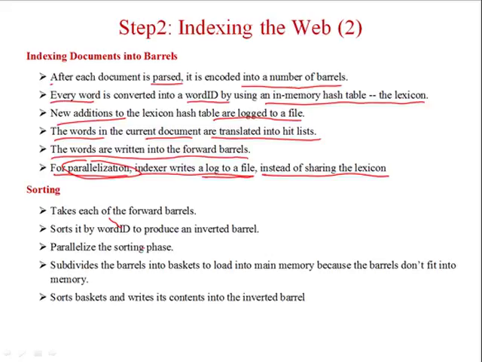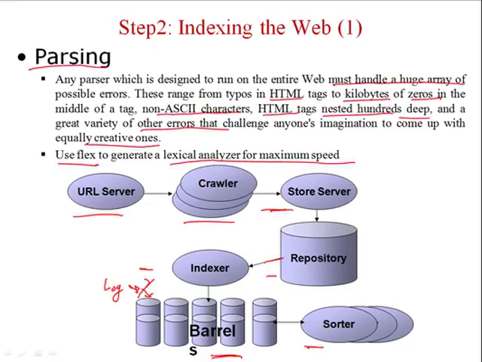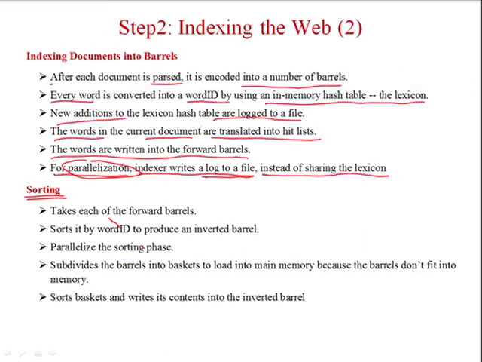Now the sorting phase takes each of the forward barrel entries and sorts them by word ID to produce the inverted barrel, and then parallelizes the sorting phase. The parallel operation is compulsory.